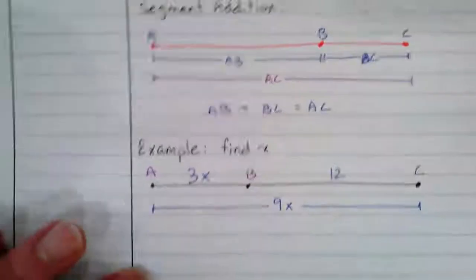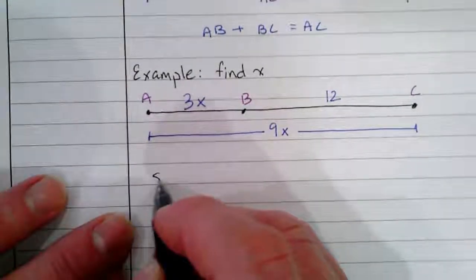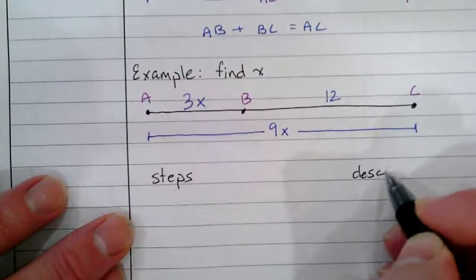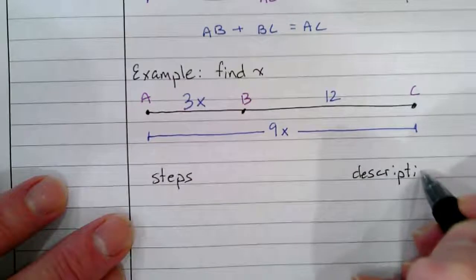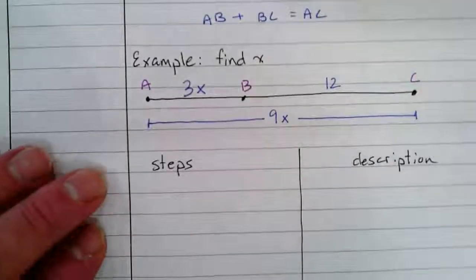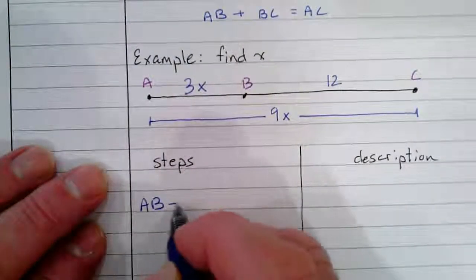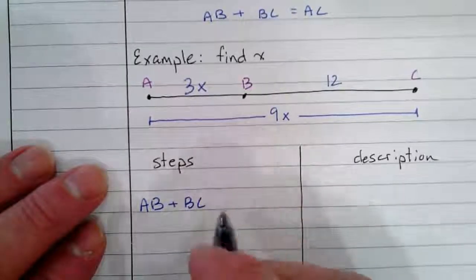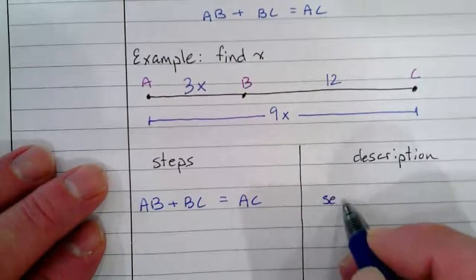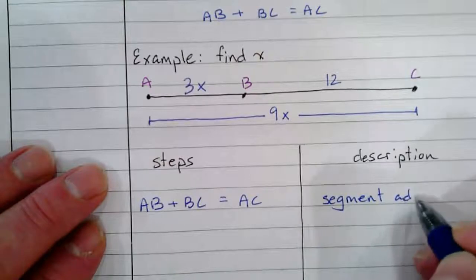Okay, so start out with our segment addition postulate statement. Steps and descriptions. First, we have AB plus BC equals AC, and that's just our segment addition equation.